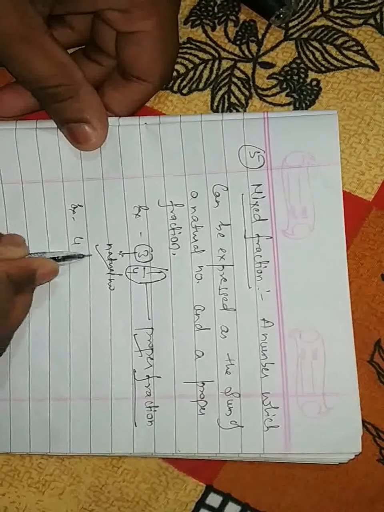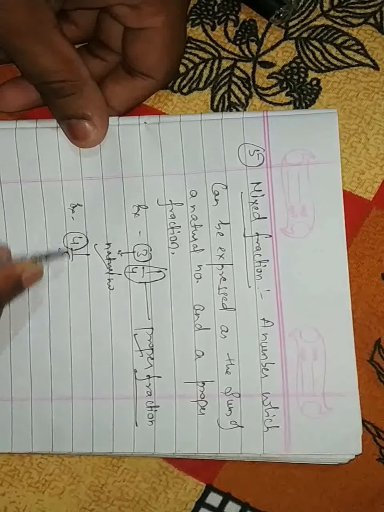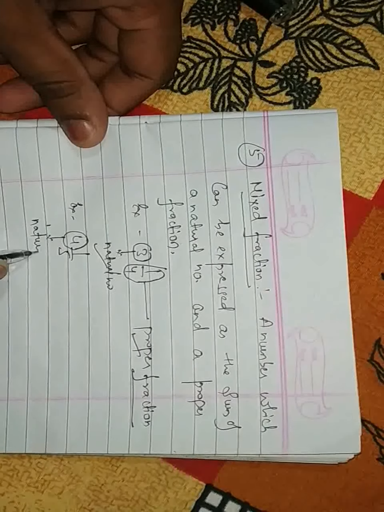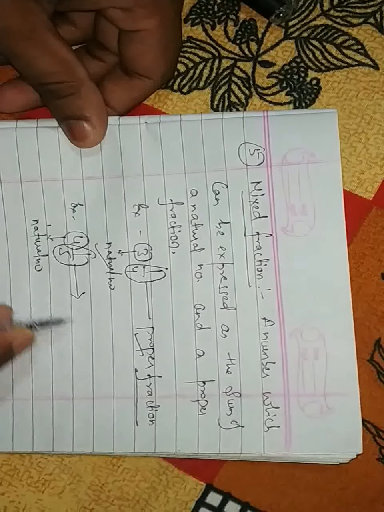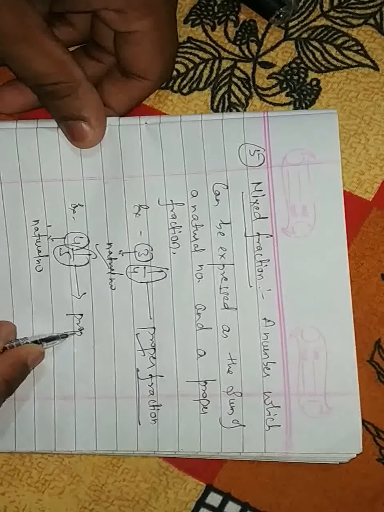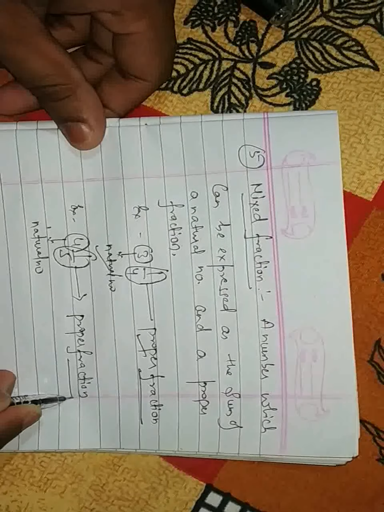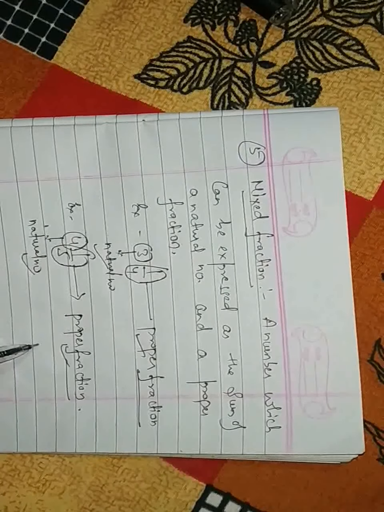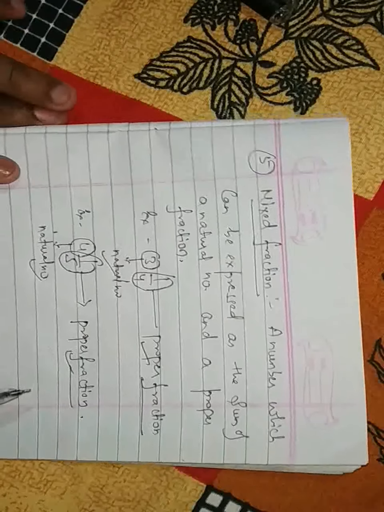Next example, 4 integer 1 by 5. This is again a mixed fraction, as 4 is a natural number and 1 by 5 is a proper fraction. So any fraction which can be expressed as the sum of a natural number and a proper fraction is called a mixed fraction.